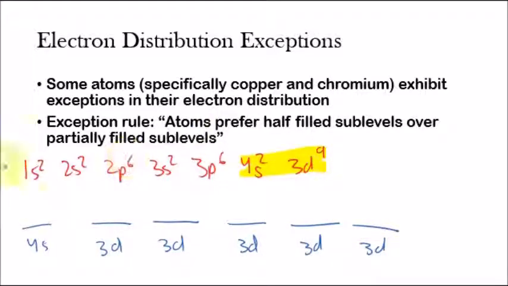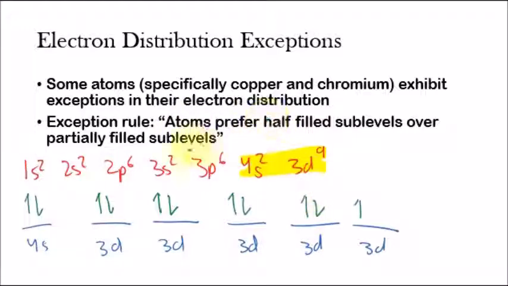And then we know the 4s sublevel will have 2 electrons, and the 3d will have 9. So 1, 2, 3, 4, 5, following Hund's rule, 6, 7, 8, 9.